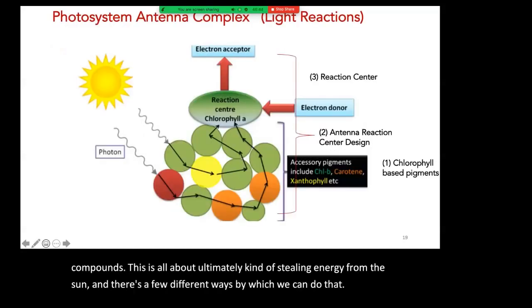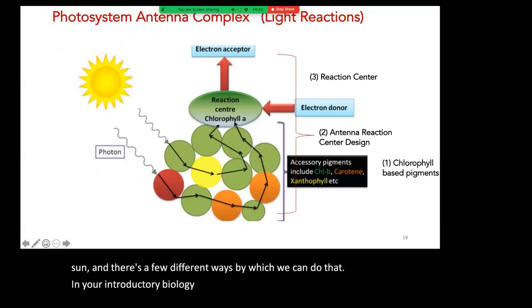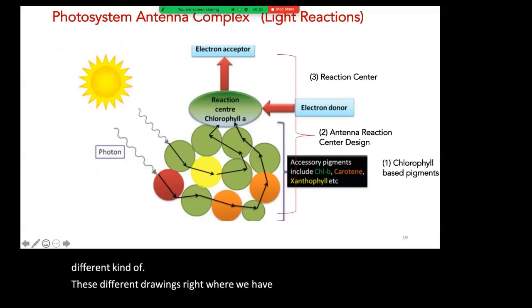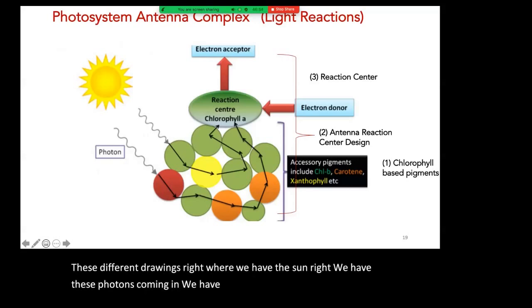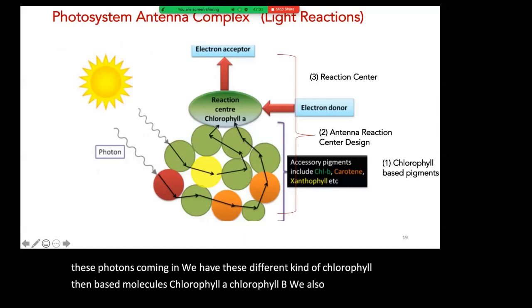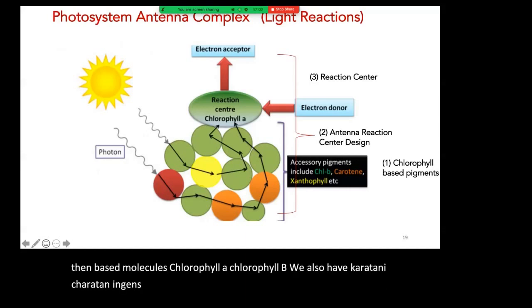Now, in your introductory biology class, you likely saw these different drawings, right? Where we have the sun, we have these photons coming in. We have these different chlorophyll-based molecules, chlorophyll a, chlorophyll b. We also have carotenoids and xanthophylls that are harvesting additional wavelengths of light.